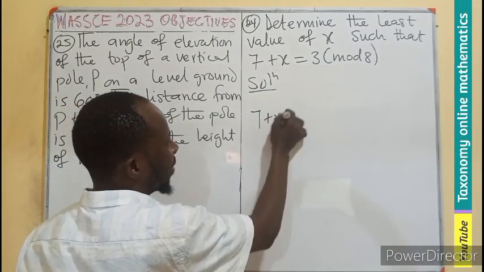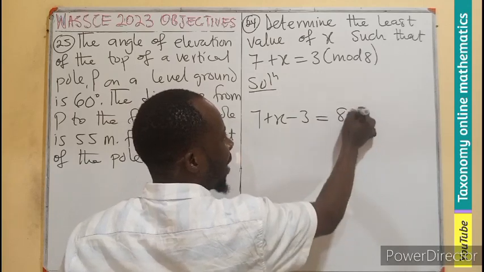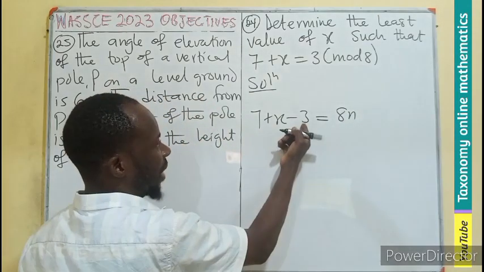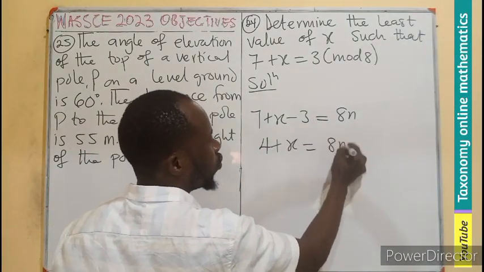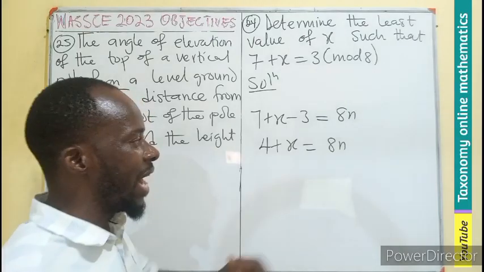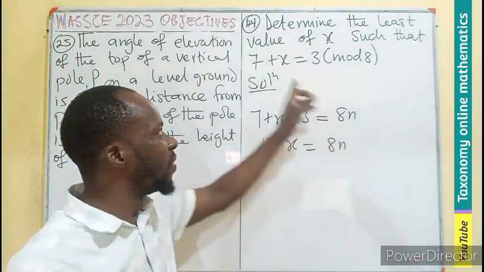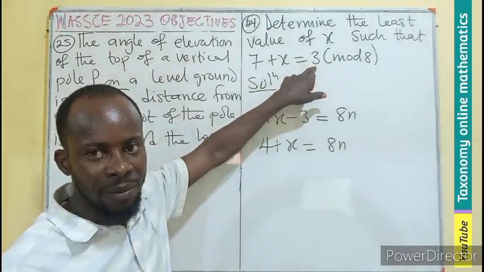Meaning 7 plus x minus 3 should be equal to 8 times a certain number, the quotient you're talking about. So if I subtract this, I'll be having 4 plus x equals 8n. Don't forget, n is the quotient, the answer we get when we divide this number by 8, producing this very remainder.